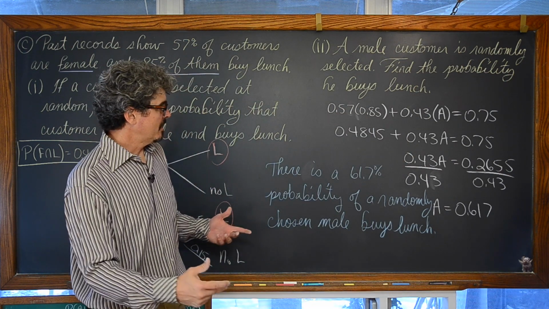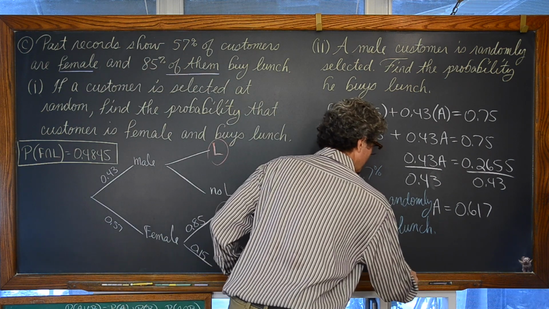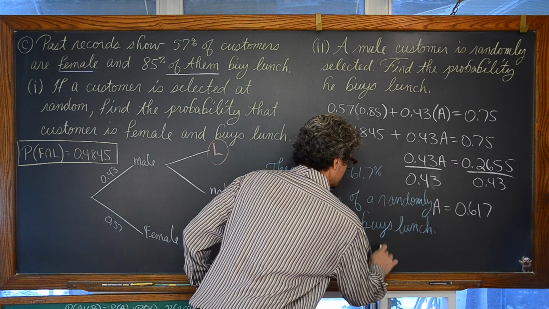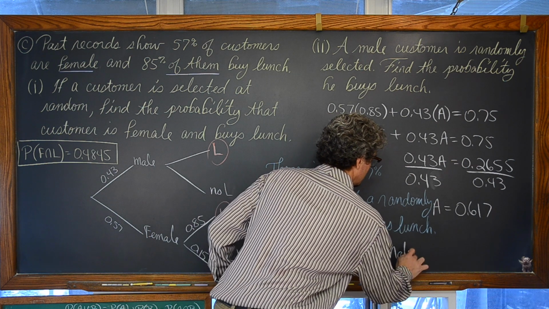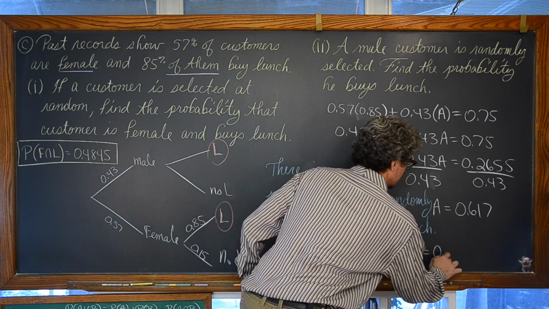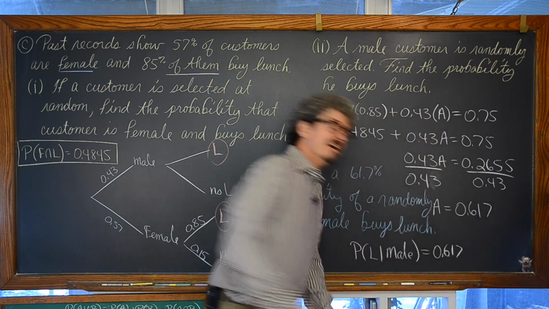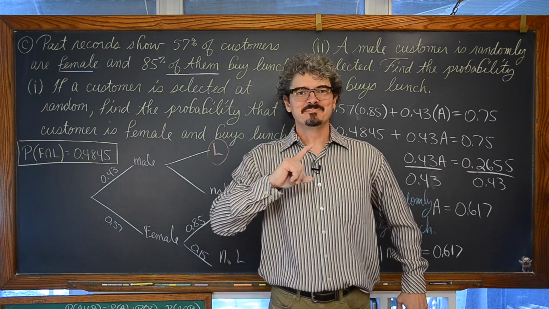Okay. And that is basically the probability of buying lunch given that you are male, if you're writing it with probability notation. I'm Mr. True. Bam! Go do your homework.